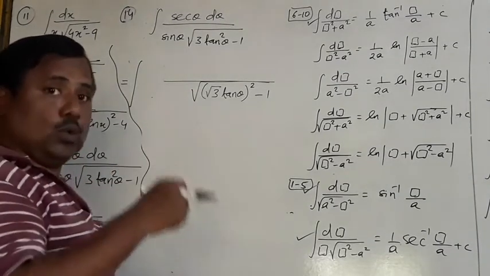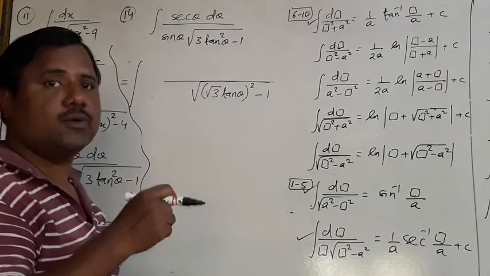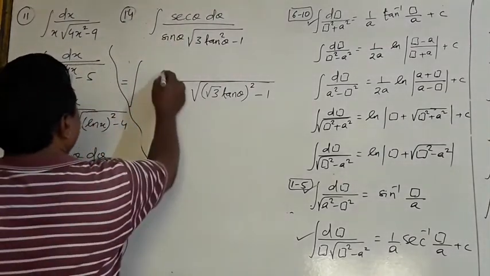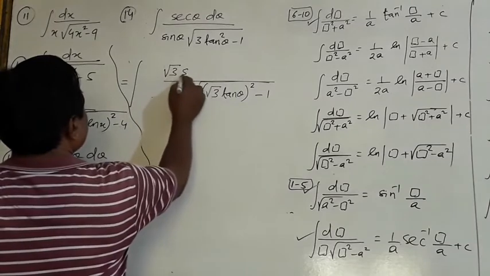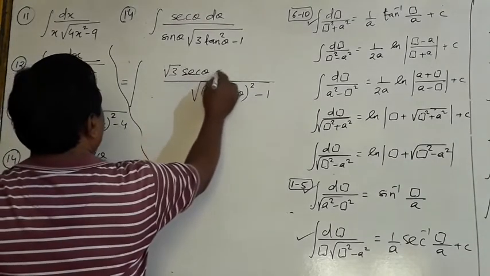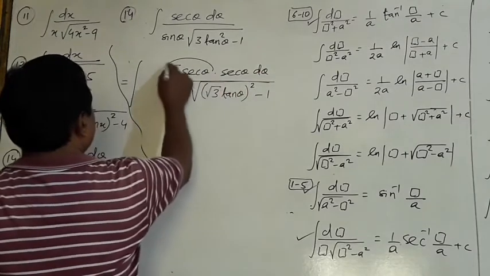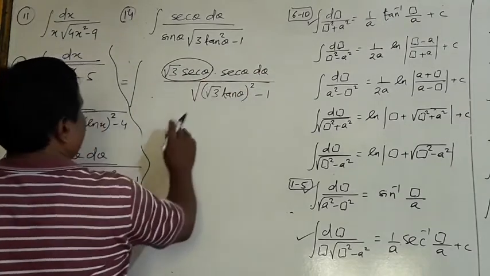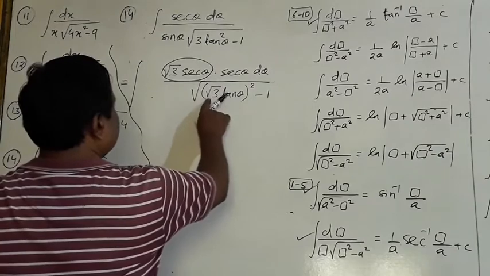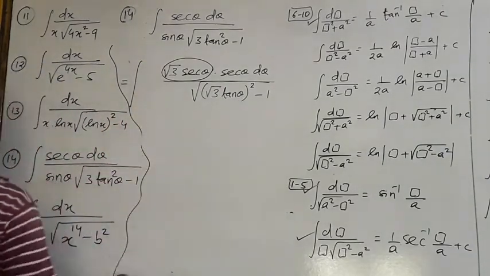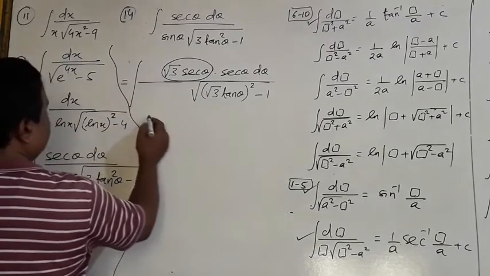It is root 3 sec square theta. But sec theta is already there, so just multiply by root 3 sec theta. I am multiplying root 3 sec theta to make the derivative of root 3 tan theta. If I multiply by root 3 sec theta, then I should divide.